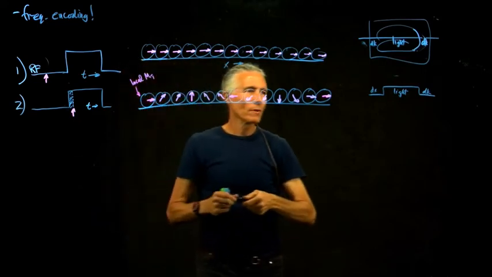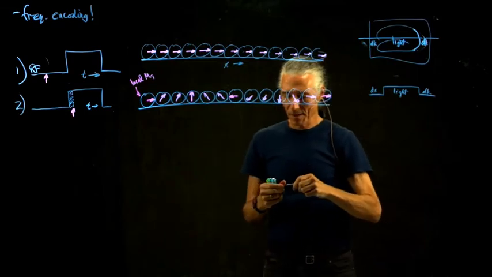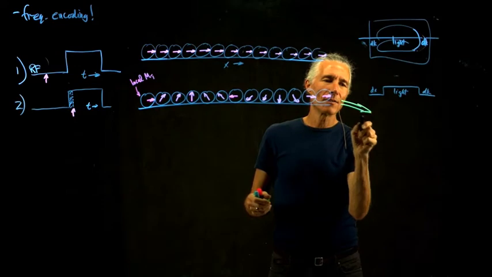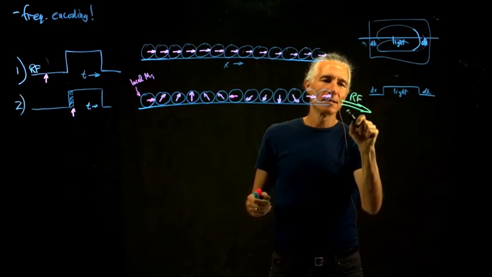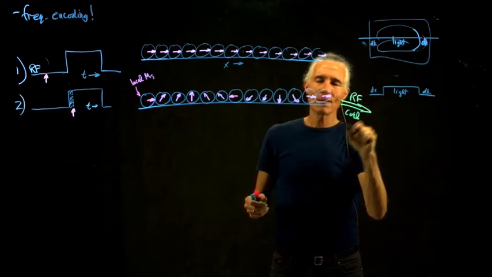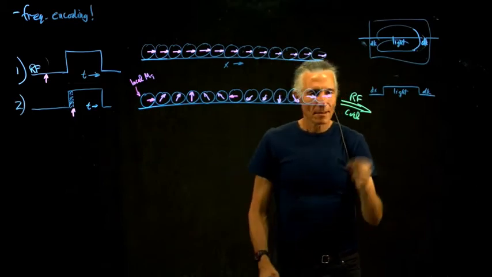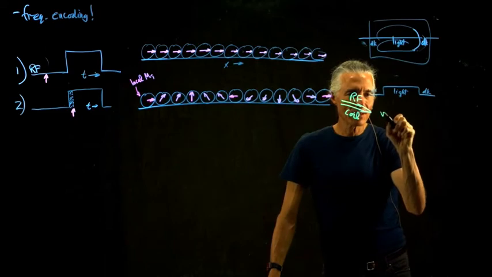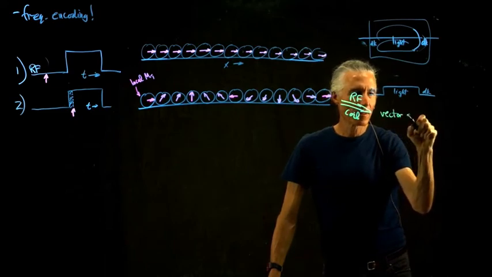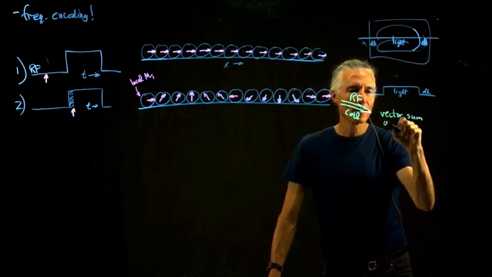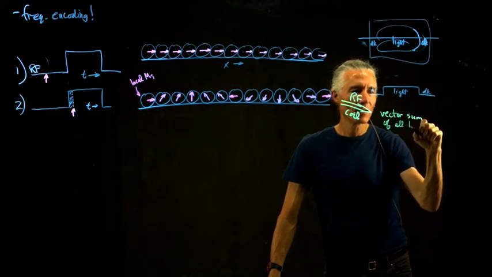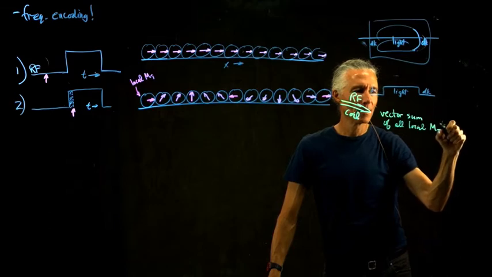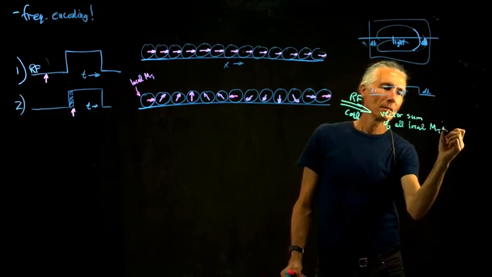And so, when we do the RF coil, what does that do? So this goes through the RF coil. And what does the RF coil do? Along with the phase sensitive detection, it just does a vector sum of all local MTs. So it just sums those guys up.